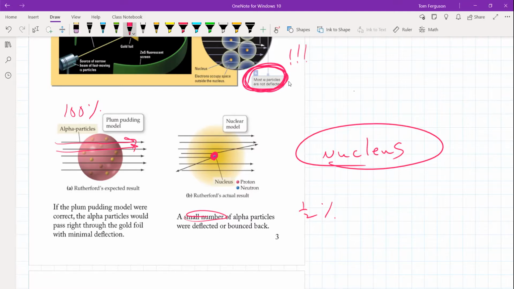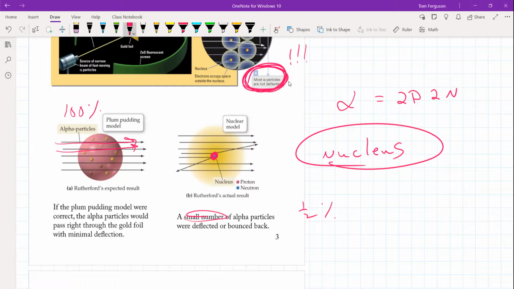An alpha particle is made up of 2 protons and 2 neutrons. And that's a big particle. When you get into nuclear chemistry, you talk about alpha radiation, beta radiation, gamma radiation. Alpha radiation is the biggest because it's got 2 protons and 2 neutrons.